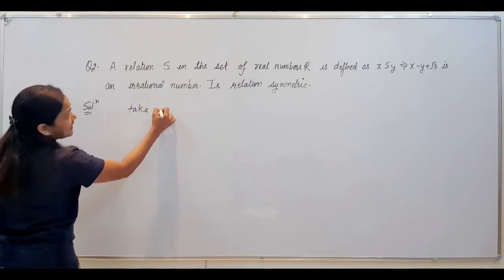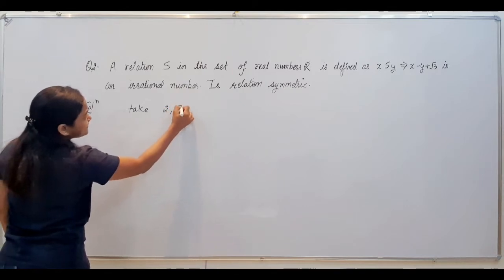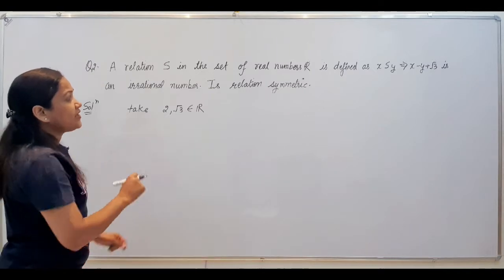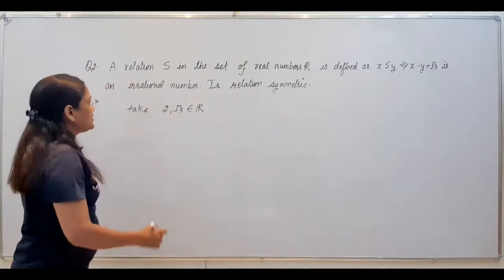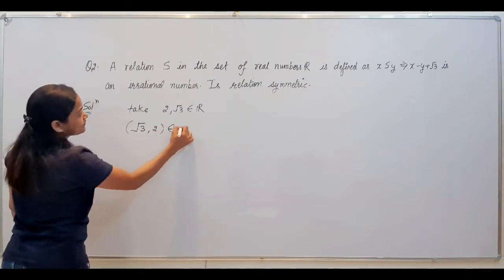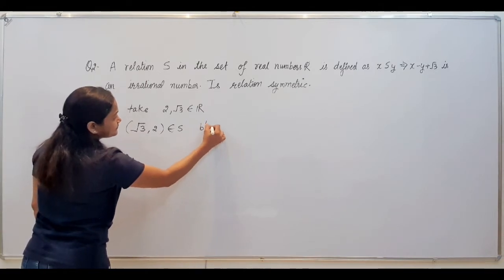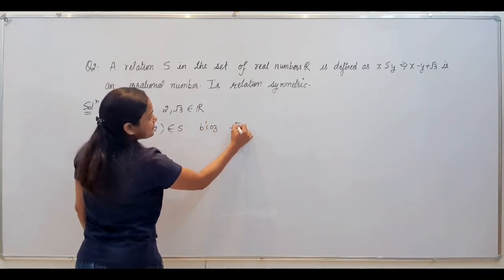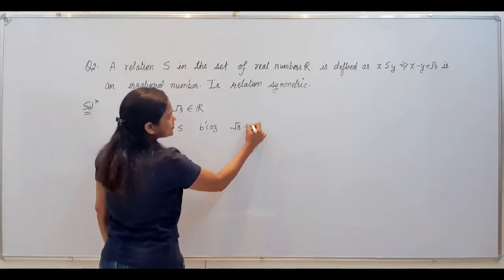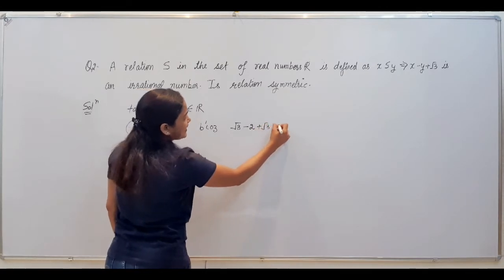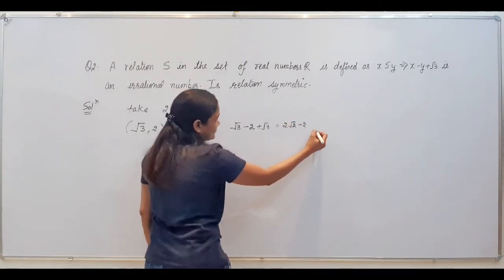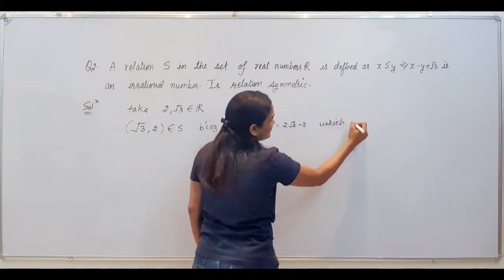Take 2 and √3 belongs to the set of real numbers such that you have to create an irrational number such that √3 is related to 2, because √3 minus 2 plus √3, and this will be 2√3 minus 2, and which is an irrational number.